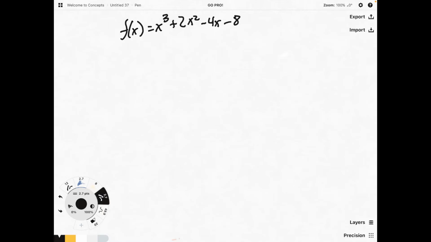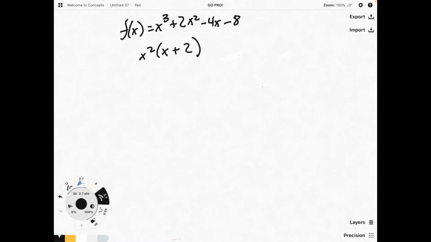If we factor by grouping, we should be able to come out with a few factors. In this case, we see that we have the x cubed and we also have the x squared. If we bring out an x squared, that's going to leave us with x squared times x plus 2. And then we also have the -4x and the -8.